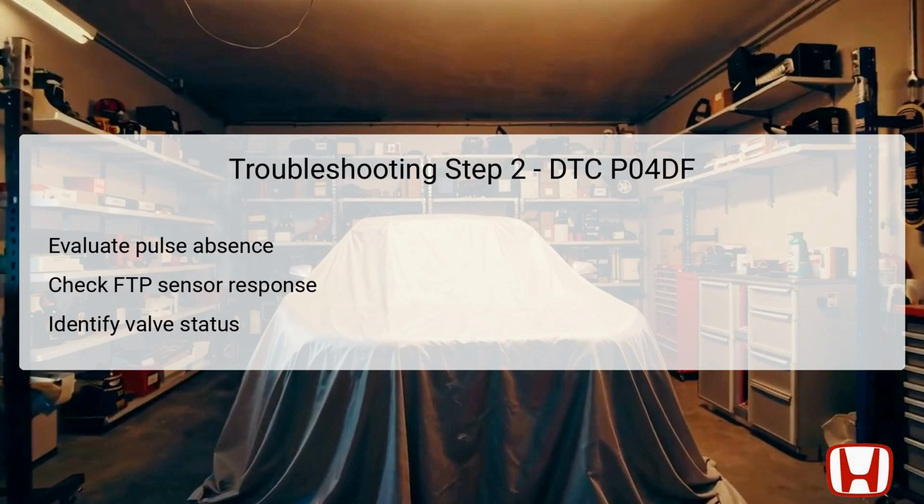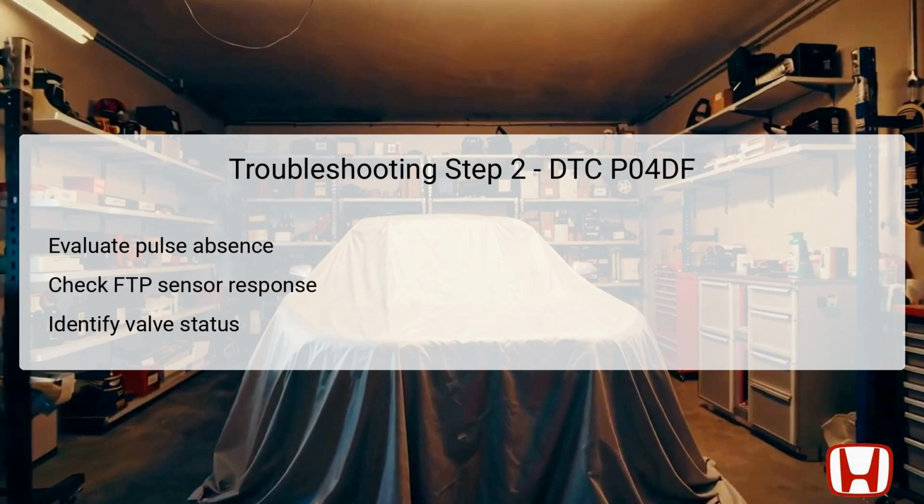Assess the response from the FTP sensor. It should exhibit fluctuation from negative pressure to atmospheric pressure when the engine start-stop button is pressed. If this fluctuation is observed, it suggests that the EVAP canister purge valve is truly stuck open, thereby confirming the DTC code P04DF.